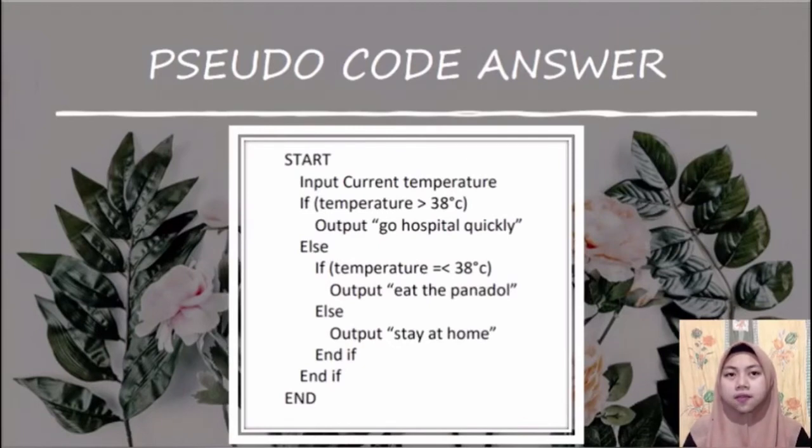Else, if temperature is equal or less than 38 degrees Celsius, the message tells eat the Panadol. Else, the message tells stay at home. Then end if. Pseudocode closes with end.